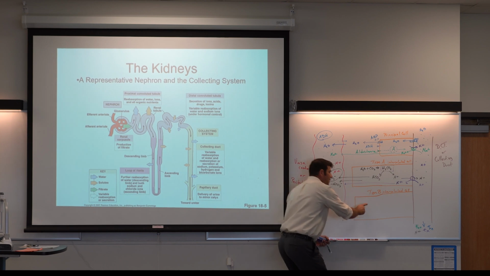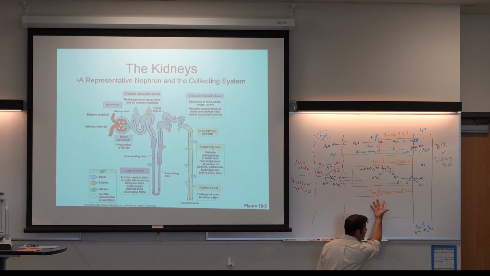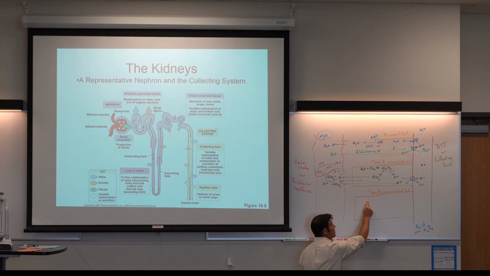Let's jump down to the type B intercalated cells, and we're going to see that the type B intercalated cells do pretty much the exact same thing that the type A intercalated cells do, but it's just reversed. It's flipped around backwards. These type B intercalated cells operate when the blood is too basic or too alkaline.